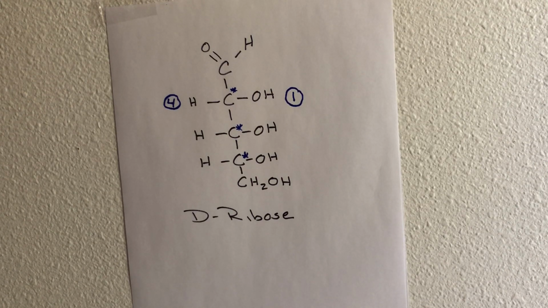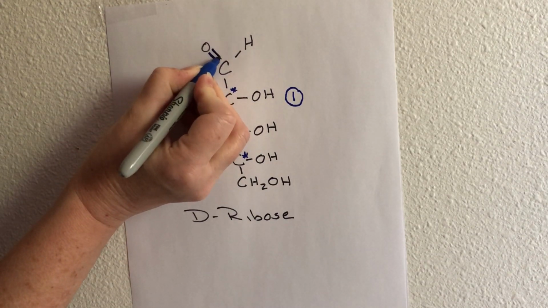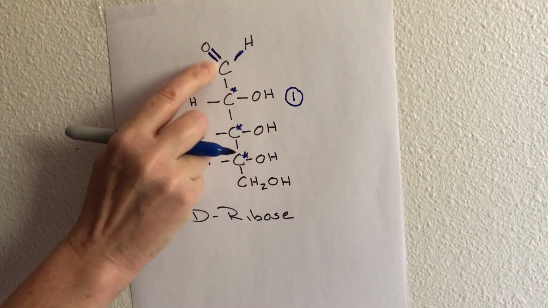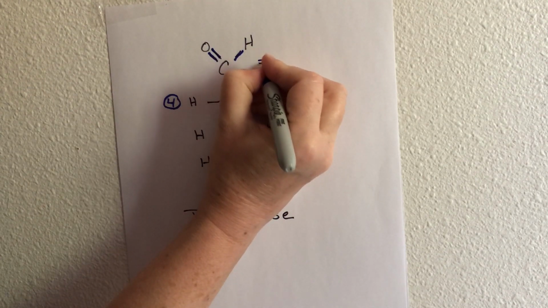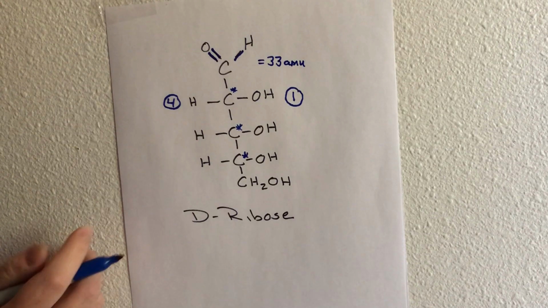But then the question becomes, does the carbon above him win, or does the carbon below him win? Well, remember, when you have a double bonded oxygen, you count it twice. So that's 16, 16, and 1. This carbon is attached to 33 atomic mass units if I only go out 1 bond.